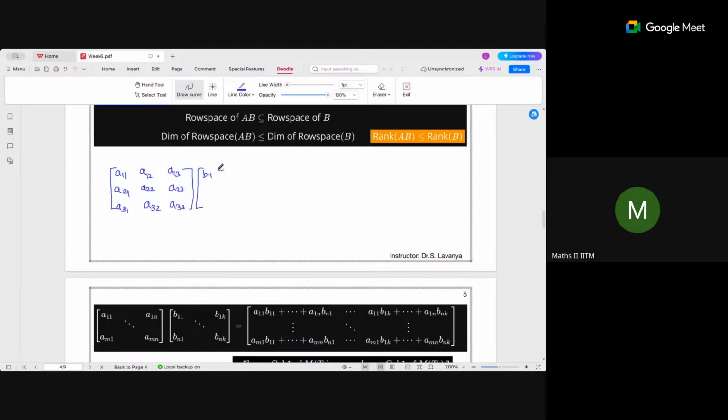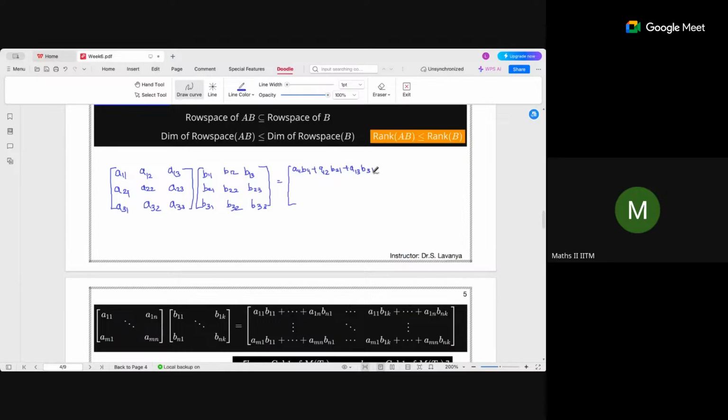Then B11, B12, B13, B21, B22, B23, B31, B32, B33. Right? Okay. Now we will do the matrix multiplication. So you know that it is A11 B11 plus A12 B21 plus A13 B31.